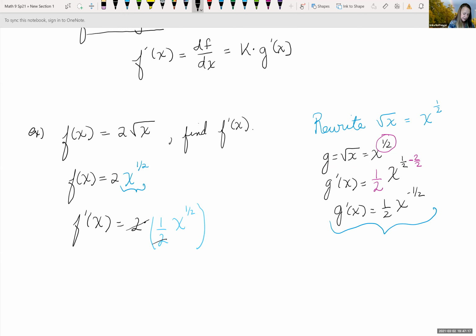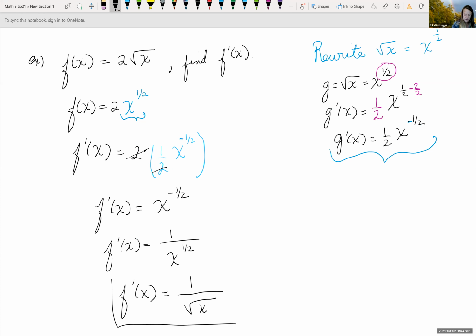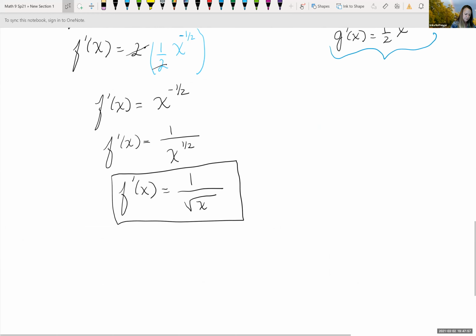So my derivative function is x to the negative 1/2 power. If I wanted to rewrite that to have a positive exponent, I could bring that down to the denominator. So this is 1 all over x to the 1/2 power, and rewrite it as a radical. f prime of x is equal to 1 over the square root of x.